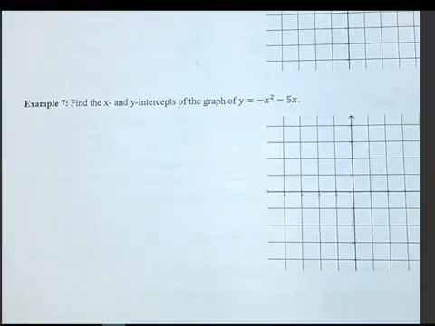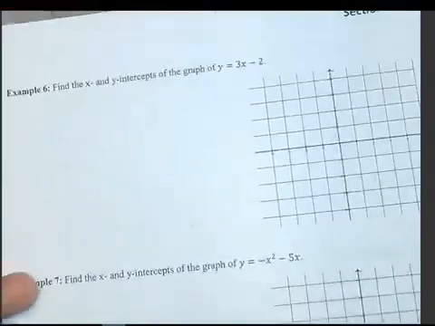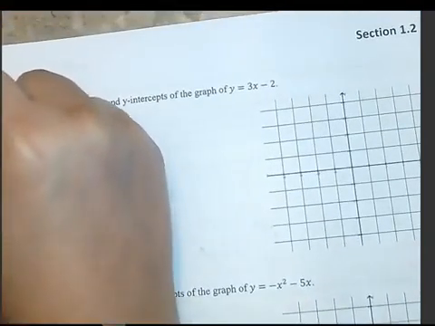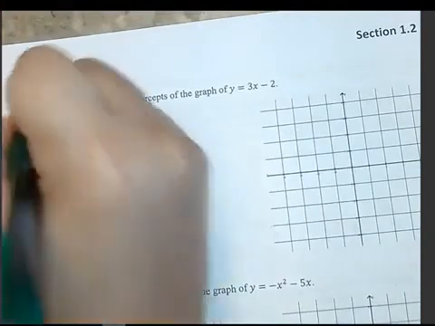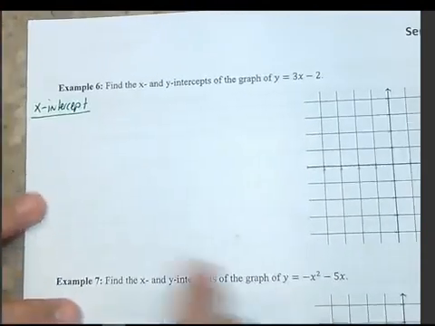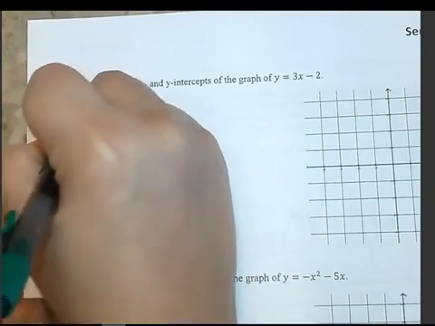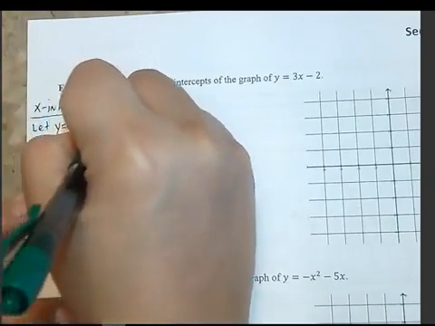So for example, it says find the x and the y-intercept. So first I'm going to find the x-intercept. So the steps are to let y equal 0 and solve for x.